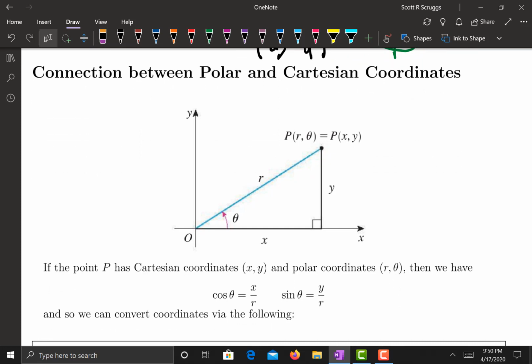But now let's say I want to figure out how to relate a polar coordinate with a Cartesian coordinate. And I say that this is one of the reasons why we care about a parametric equation. So pretend I have the following polar coordinate, which is r.